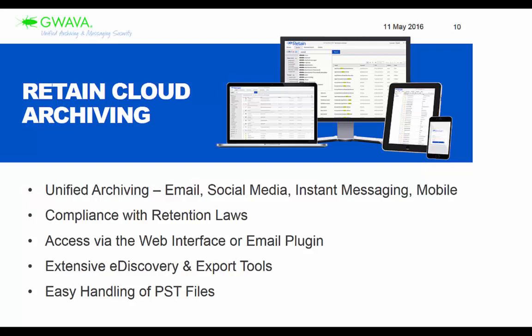Actually, there's a couple of things that I just remembered that I want to touch on. Google Vault does archive Google Hangouts, but only on the record Google Hangouts messages. So if you have users that turn that off and turn it to off the record, that's not going to be archived in Google Vault. Whereas Retain can archive any messages, whether they're on the record or off. It's going to be archived in Retain.